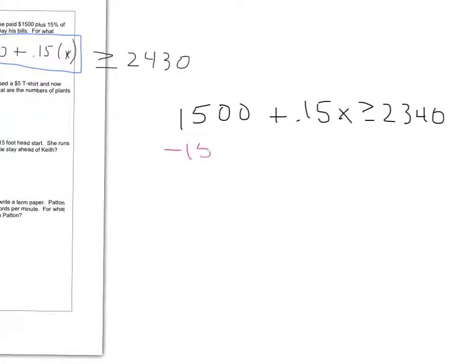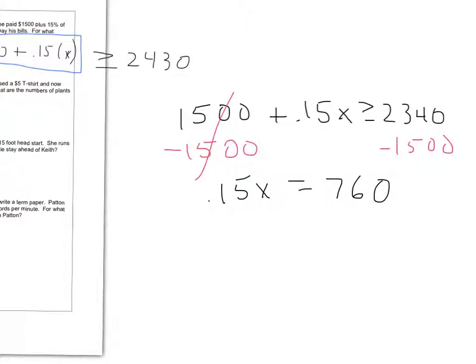We get rid of what is furthest from x on the left hand side, which is subtracting 1,500. So now we have 0.15x equals what, 760? Or 860, excuse me. So we have 860, and now we divide by 0.15.